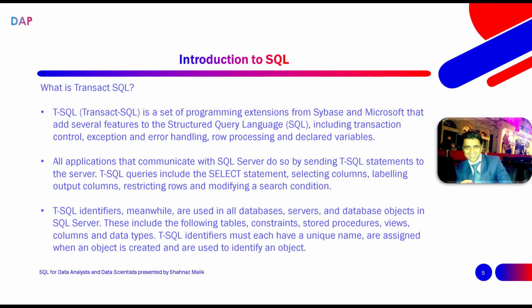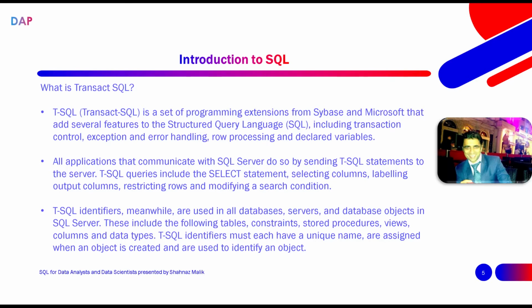All applications that communicate with the SQL Server do so by sending TSQL or Transact SQL statements to the server, and these Transact SQL queries include the select statements, selecting columns, labeling output columns, restricting rows, and modifying a search condition.